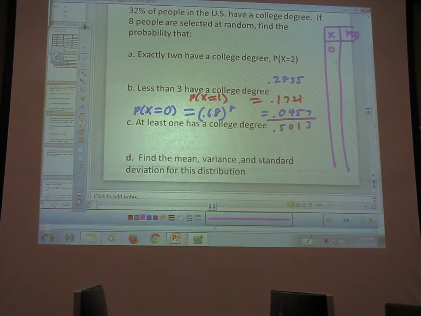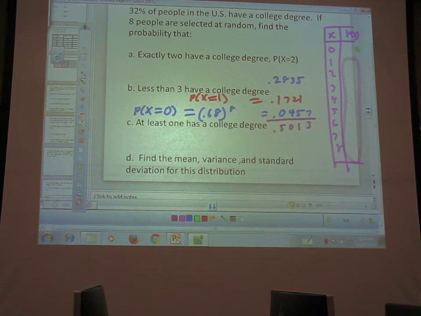When x is 0 through 8, we can either find all of these and add them up, or since we know if we add them all together, they have to equal 1 or 100%.